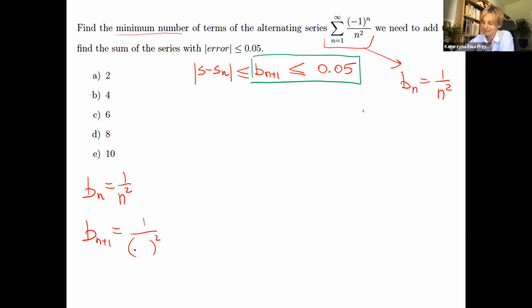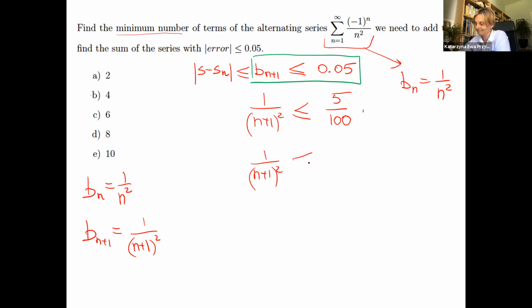What shall I put inside? Instead of n, n plus 1. Now I can say 1 over (n plus 1) squared must be less than 5 over 100, maybe 1 over 20. Let's just try to solve it.